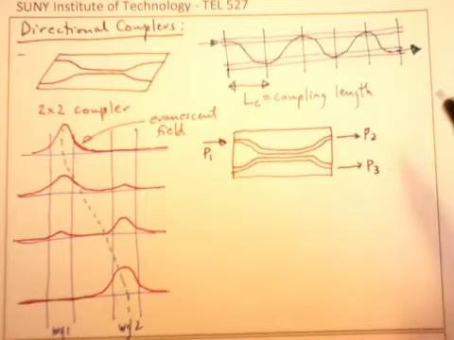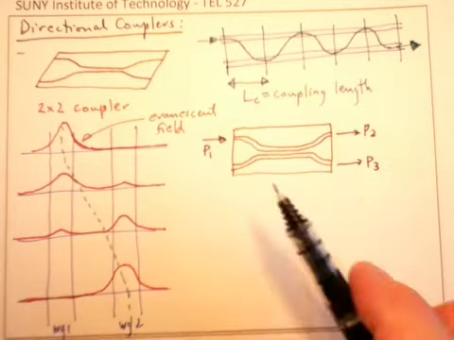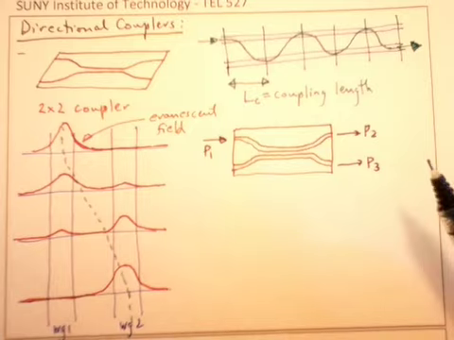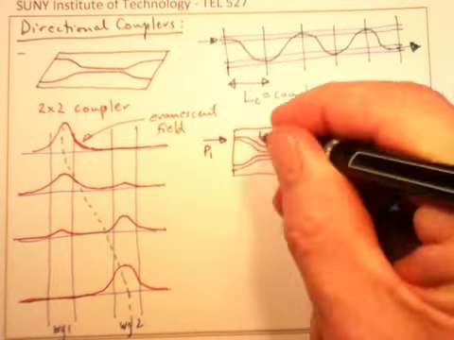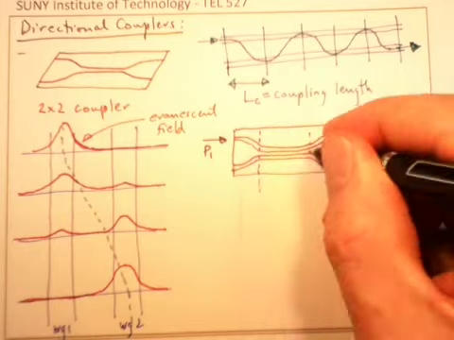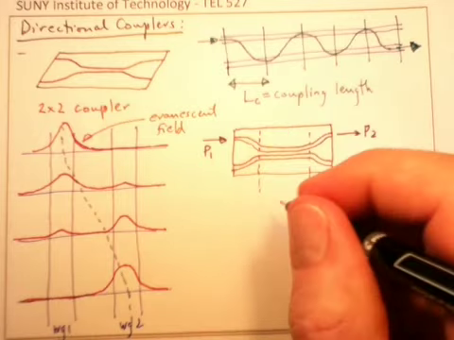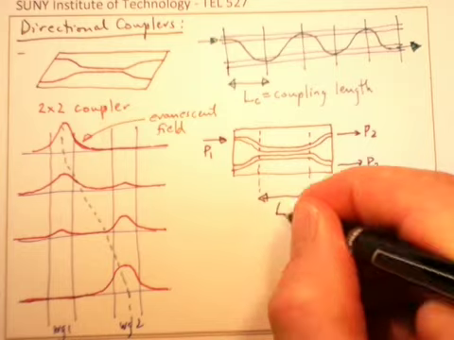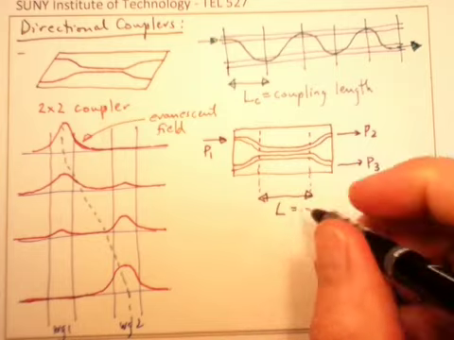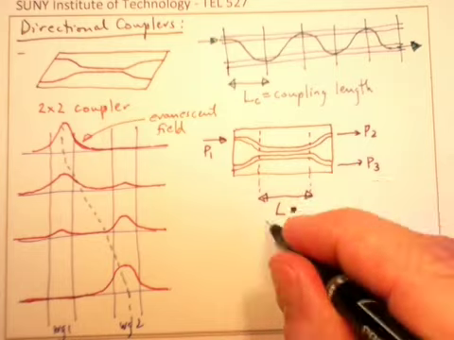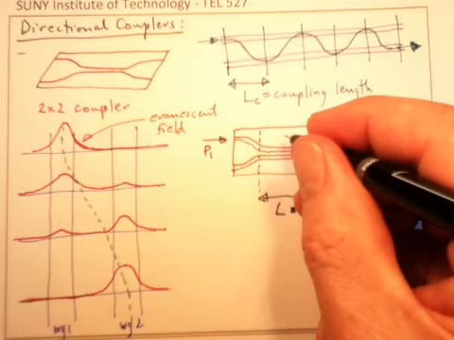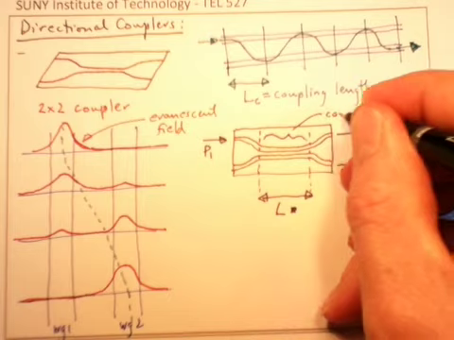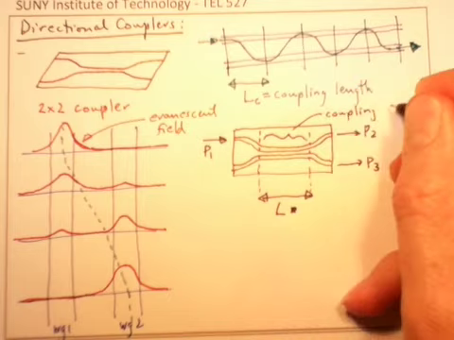Normally we don't use all four of the possible inputs and outputs, but sometimes we do. This distance here is going to be labeled the distance L, and this is called the coupling region.